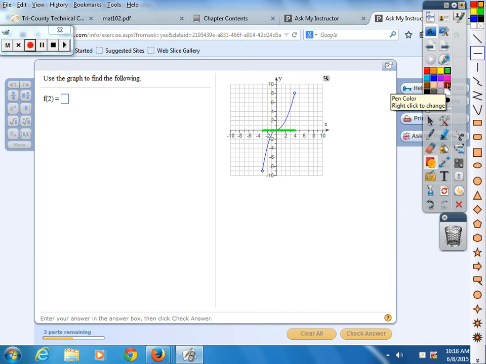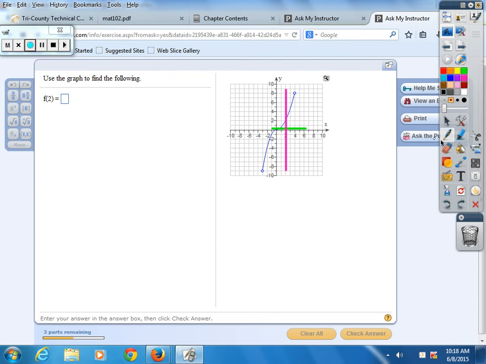And I'm going to take my handy dandy magenta, and we're going to go from this point to that point. Yep. I try to pick out good colors. Of course, I got to move them now.